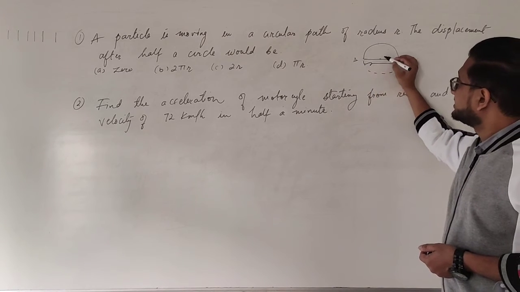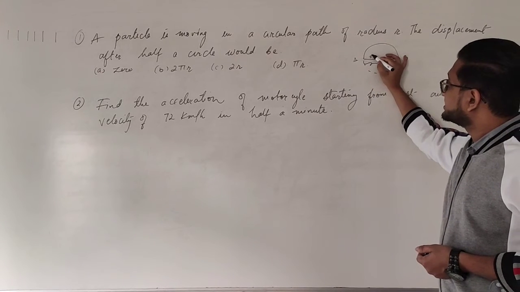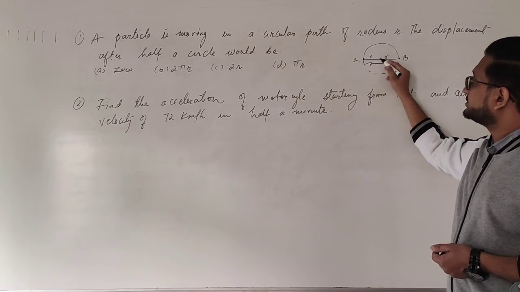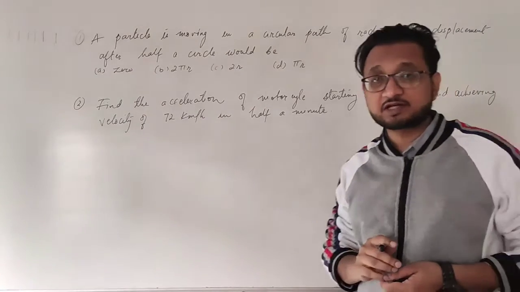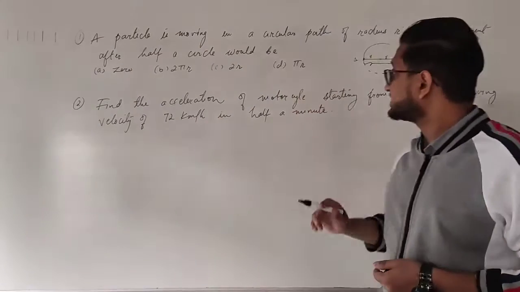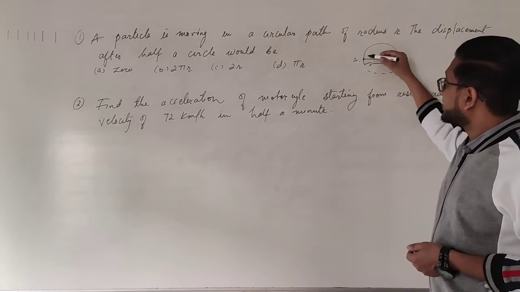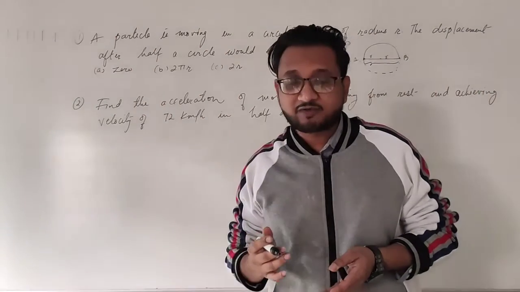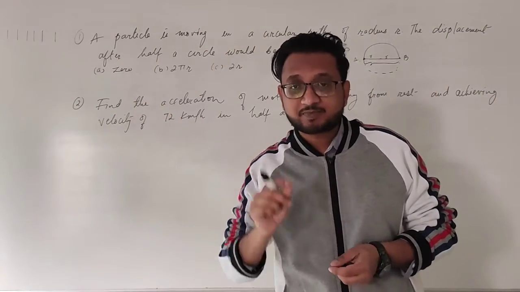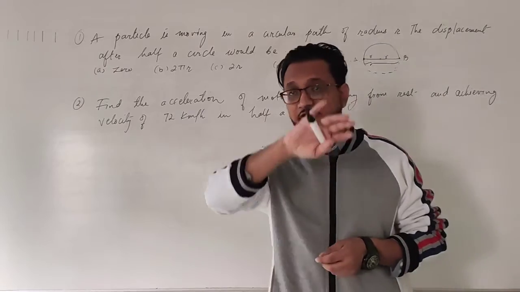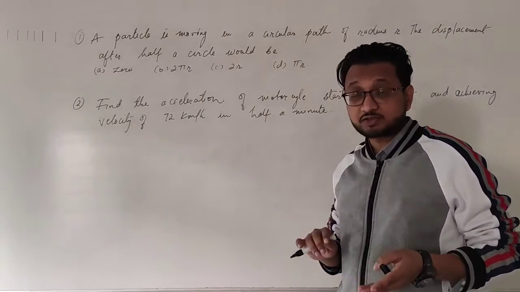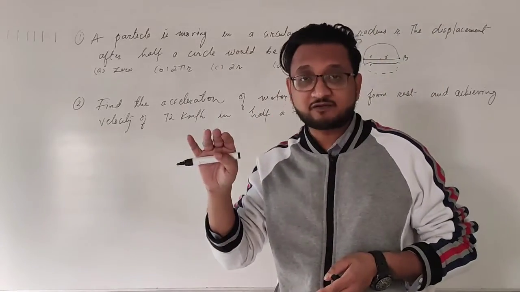But if you look at it, this is the center point. So this is the radius r and this is the radius r. So from point A to point B, the distance is the diameter, or you can say 2 times the radius. You cannot take the full circle because we are not finding the distance. We are finding the shortest distance, not the total distance that the particle is covering, and that too the particle has covered only half of the circle.